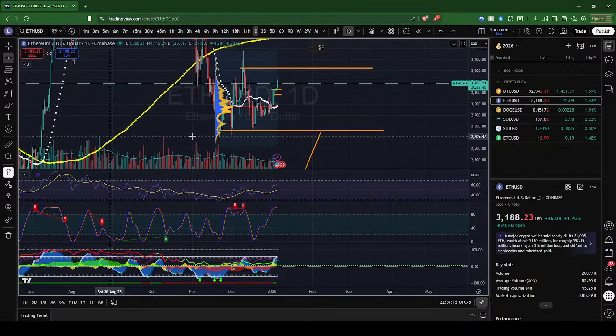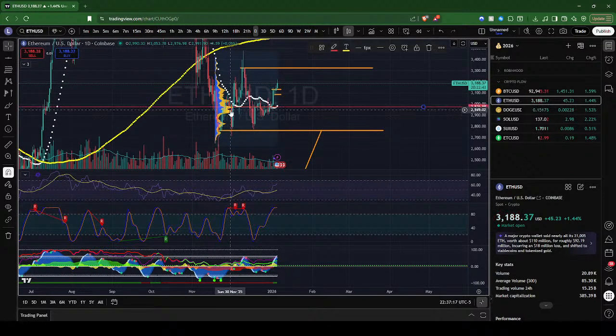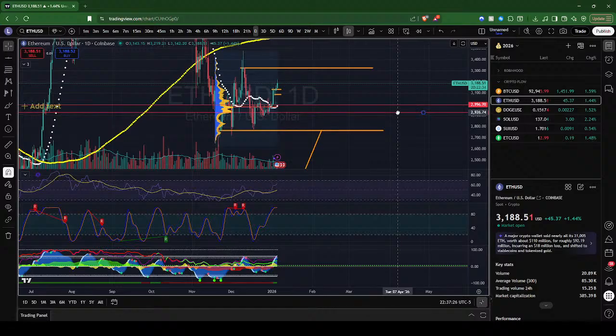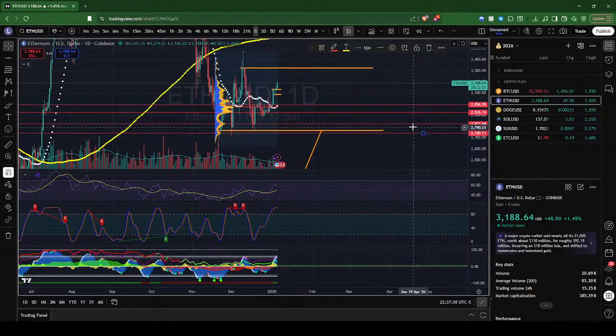And we'll just throw some horizontal lines here, right where we've had some support. And here as well. And we got another right over here. We will make these green.